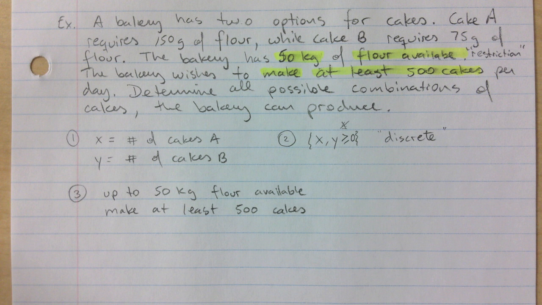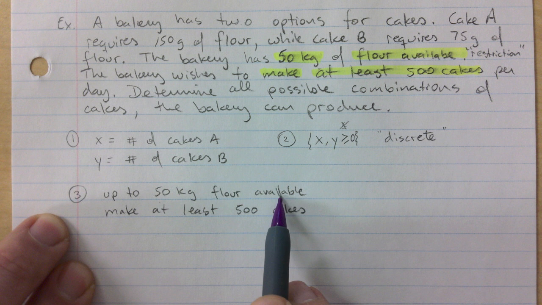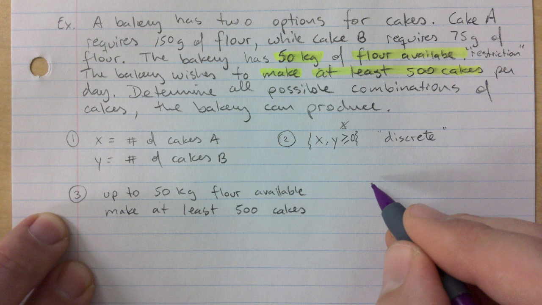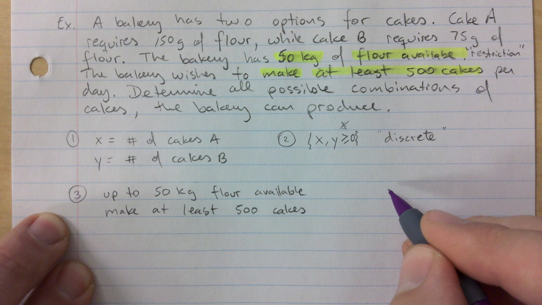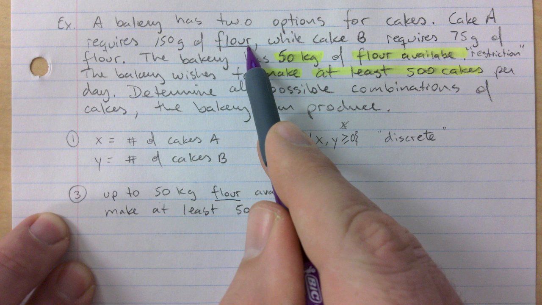You have to know that the restrictions are sometimes worded so that it's going to affect both of them at the same time. And sometimes the restrictions are stated so that it's only affecting one of the cakes, not both. When it says you have up to 50 kilograms of flour available, you need to come up with your inequality, right? And because we're talking about flour, you should go up and look up what are some of the measurements that are tied to flour.